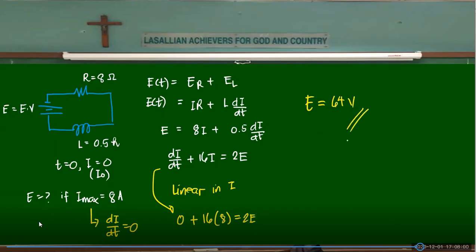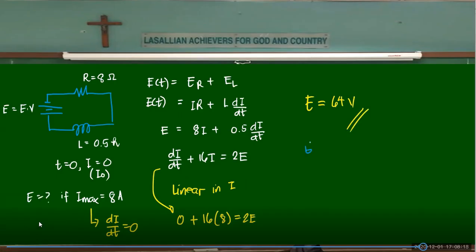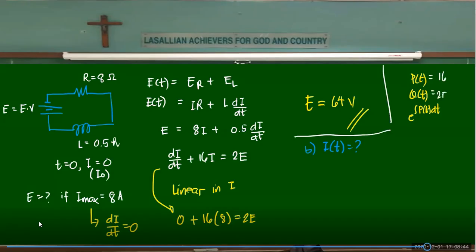Let's say I have another question. B. What is I as a function of time? Using p of t, q of t, e to the integral of p dt, with the assumption that you have another question. p is 16, so e to the 16t.